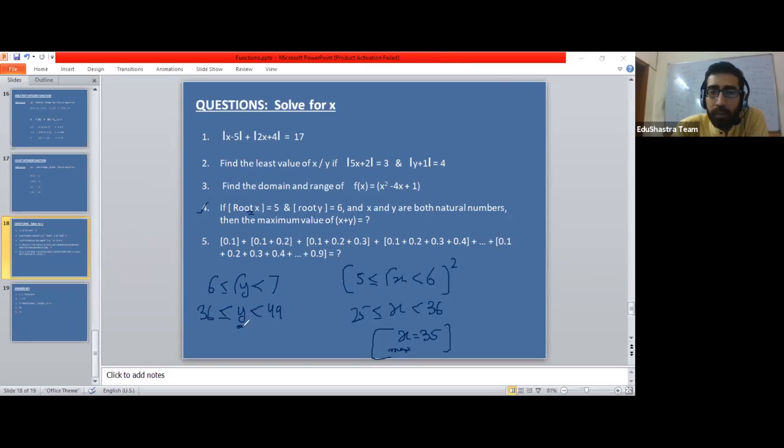And being a natural number, the maximum value of y can be equal to 48. So x plus y maximum will be when you add the maximum value of y to the maximum value of x, which will give you 83. 48 plus 35, 83. Is this clear? Is this clear, guys?